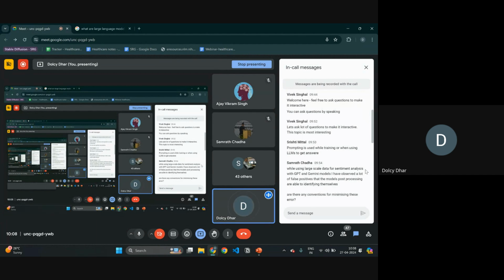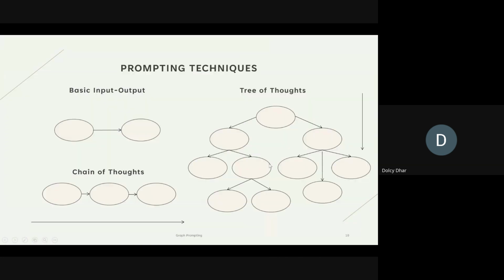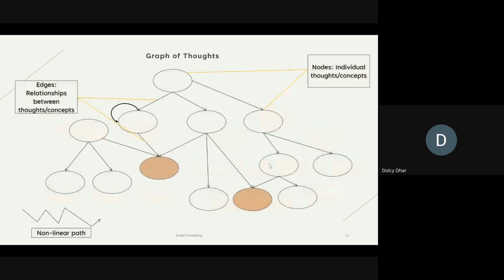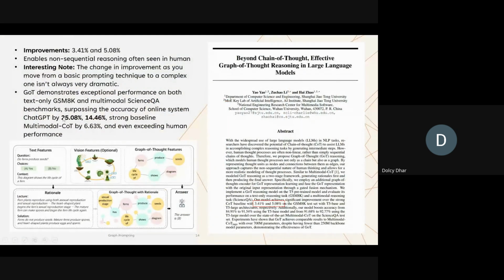But you will see a drastic improvement in your LLM responses and accuracies. So if I show you from example based techniques, you can see that here the online system on COT has increased by almost 7%.